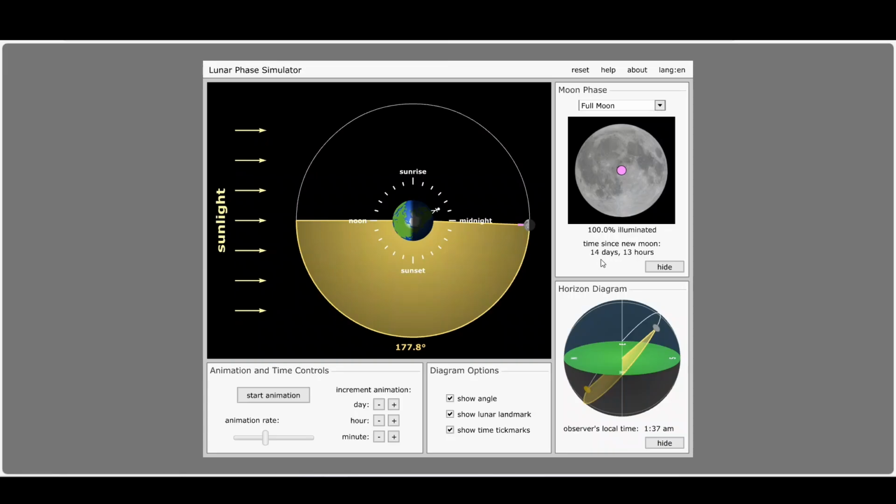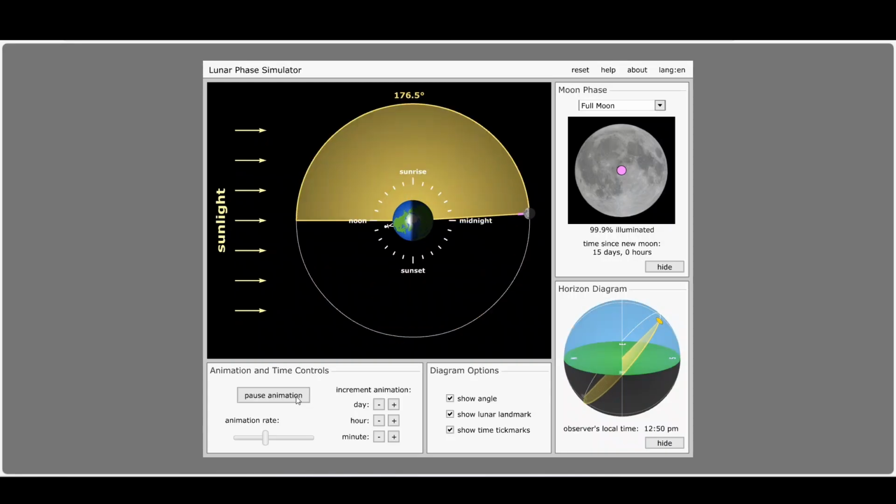This was 14 days into the cycle. As it approaches 180 degrees and then passes it, it'll switch over to the waning side. And now it is starting to head back down towards zero.